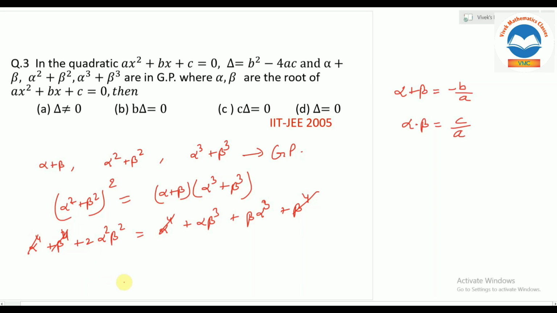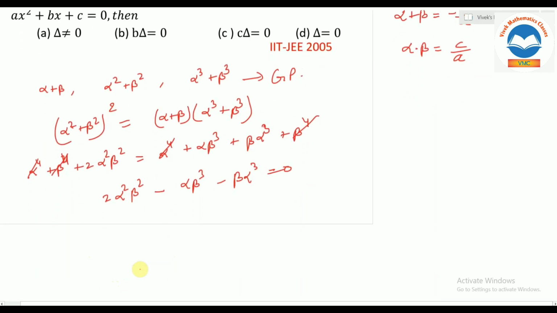I will bring everything to one side. 2 alpha square beta square minus alpha beta cube minus beta alpha cube will be 0. This will be 2 times alpha beta the whole square minus, in this we can take alpha beta common.